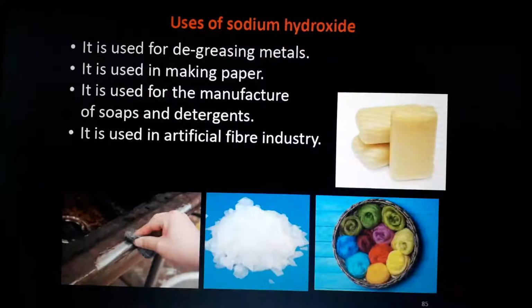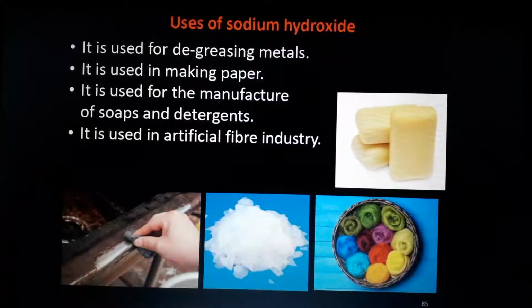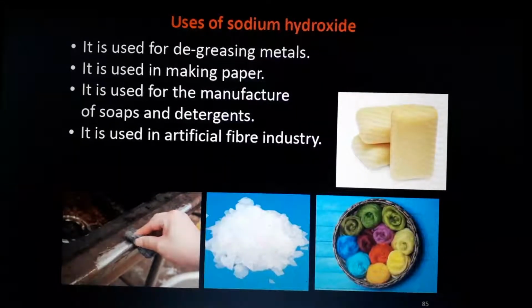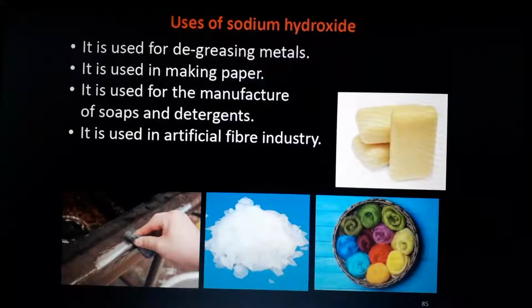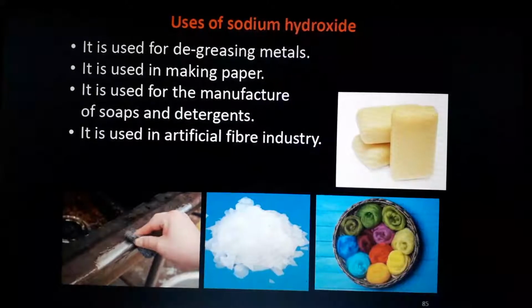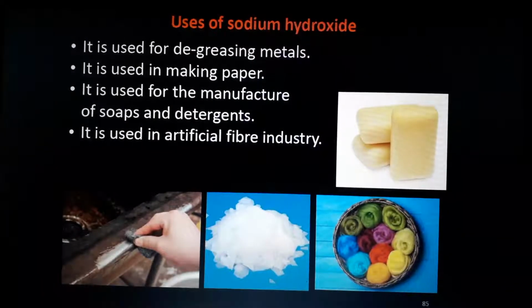Sodium hydroxide has a lot of uses. It is a very strong base and it has a lot of use in the chemical industry. See, it is used for degreasing metals. Degreasing metals means removing grease from machine parts and all. You have seen grease on your cycle chain.